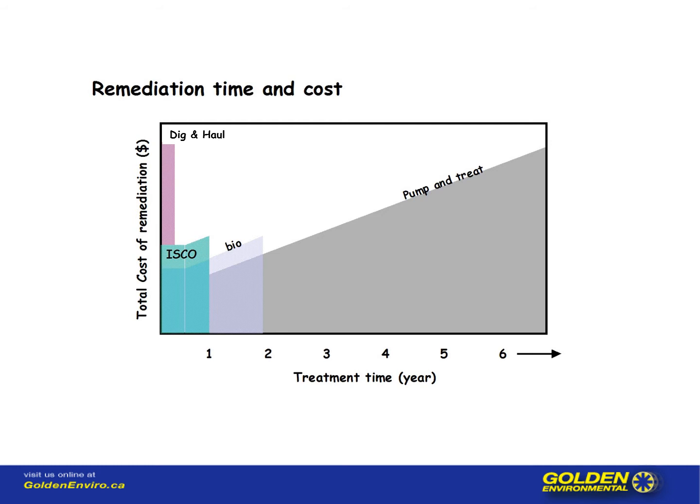When you look at bioremediation, these are biotic pathways that do take longer, and you're talking between a year and 2 years, sometimes even up to 3 years, for these biotic processes to complete themselves. Yet the cost again is relatively low compared to dig and haul. Bioremediation can also be a little bit cheaper than in situ chemical oxidation, but again, it really depends on the site.